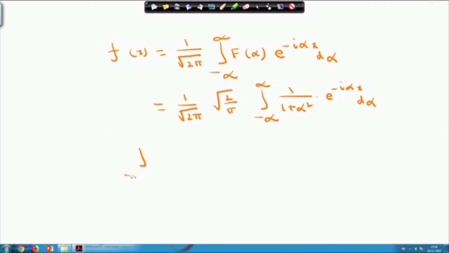So, the value of the given integral, minus infinity to infinity e power minus i alpha x by 1 plus alpha square d alpha, equals, root 2 and this pi will be cancelled, one pi will come over here, pi into f x, and your f x is nothing but e power minus mod x. So, the value of this integral is pi into e power minus mod x.